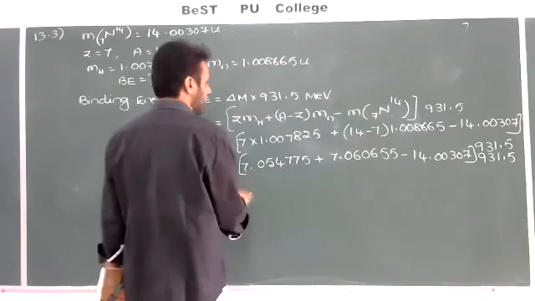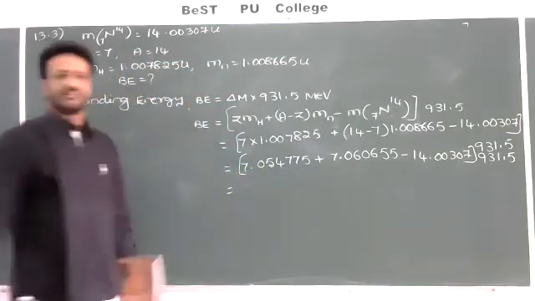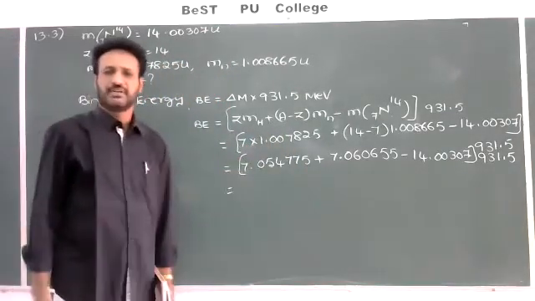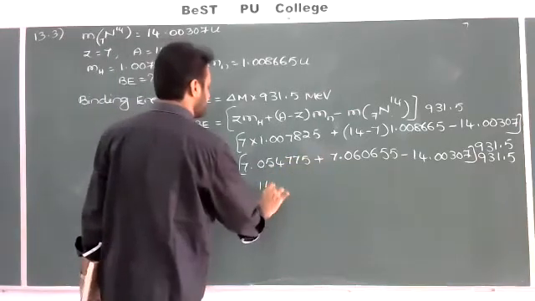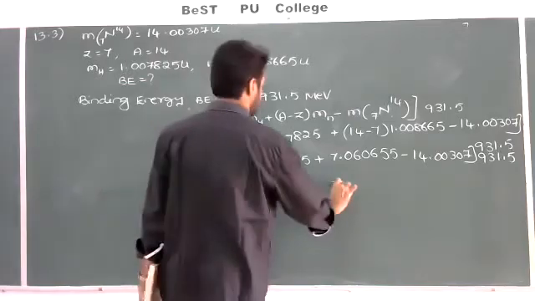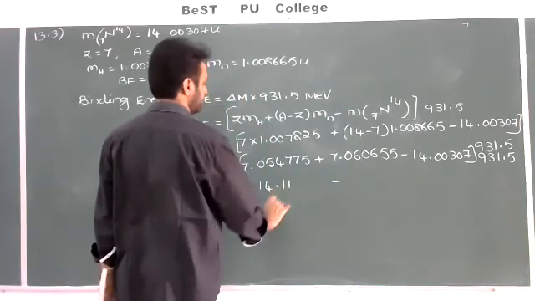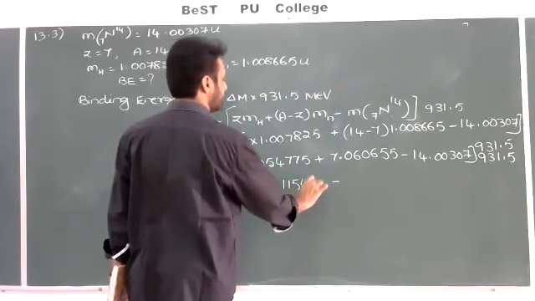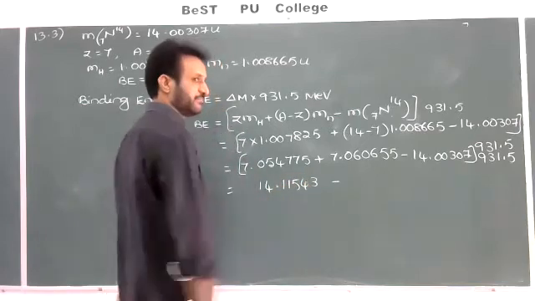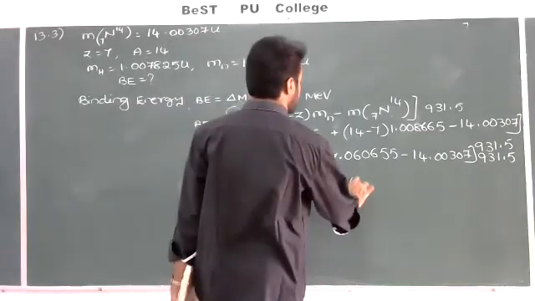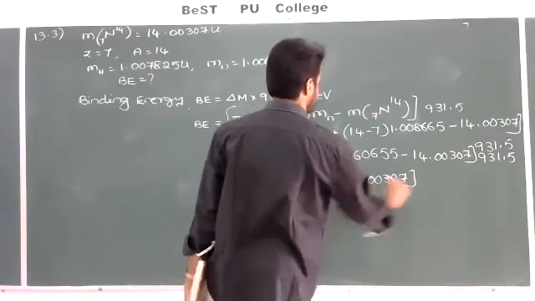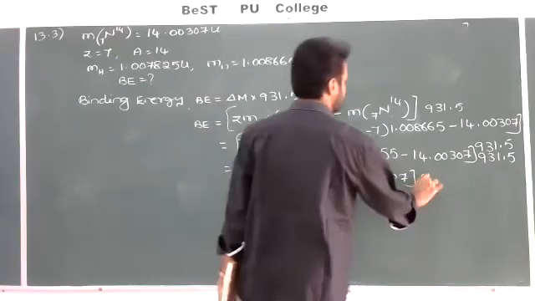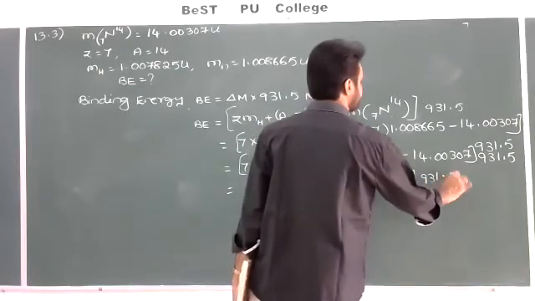Now first add these two numbers: 7 point something plus 7 point something gives 14 point something, 14.115430. Then subtract 14.00307 and multiply by 931.5.